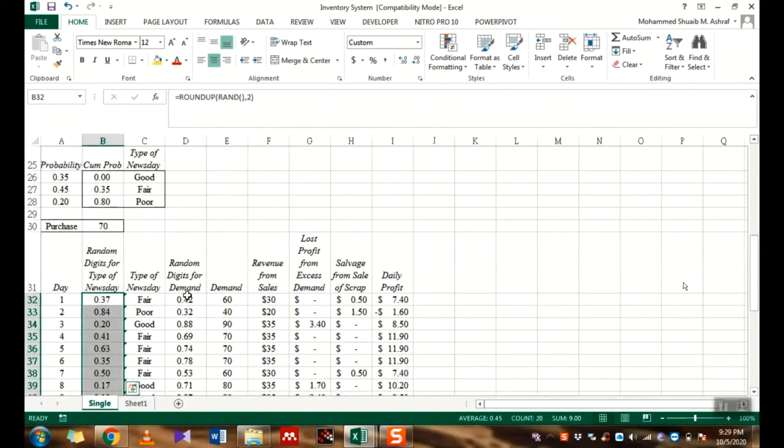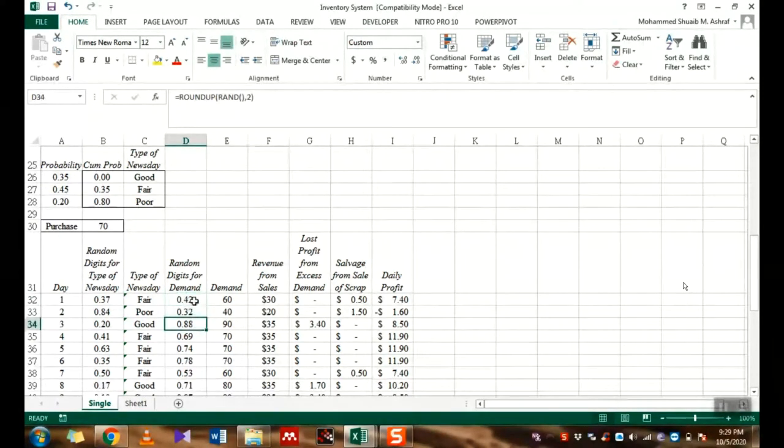Okay. Now, random digit for demand. See, in this newspaper seller problem, two things are random. The type of news day: news day can be good, can be fair, can be poor. And demand. Demand is also random. Someday it can be high, can be low. For this, we use random.